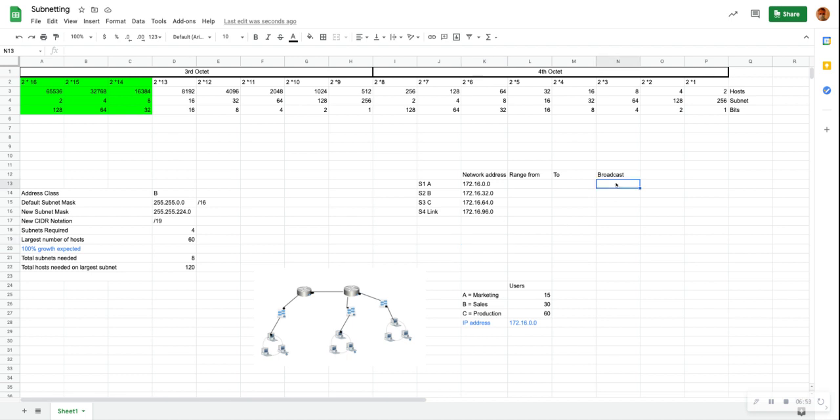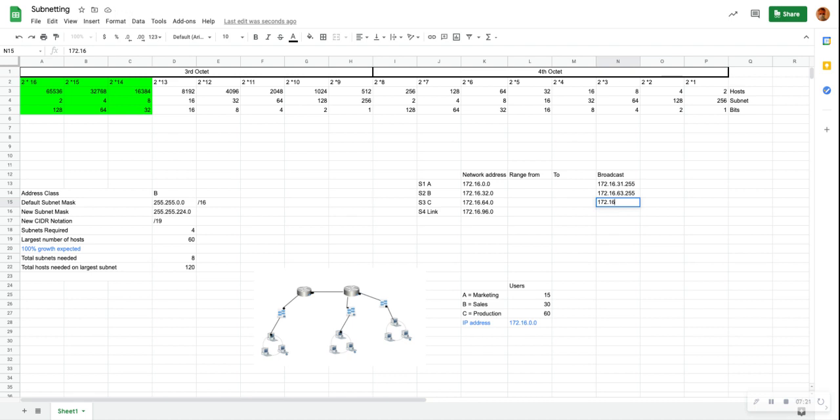Okay, so again, like in my previous videos, I like to fill in the broadcast address next for each network. So 172.16.31.255, which is effectively one less than the next network. Then 172.16.63.255. Again, just remember that broadcast addresses are not usable addresses.